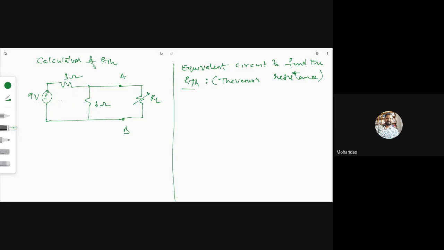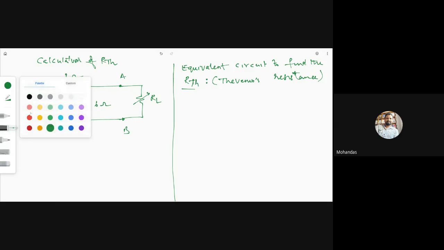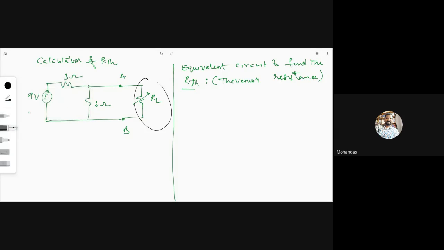Voltage sources and current sources should not be present; they are replaced by their internal resistance. Here also you have to remove the load resistance first, and replace the independent sources by their internal resistance.